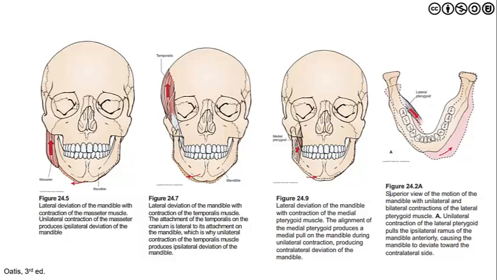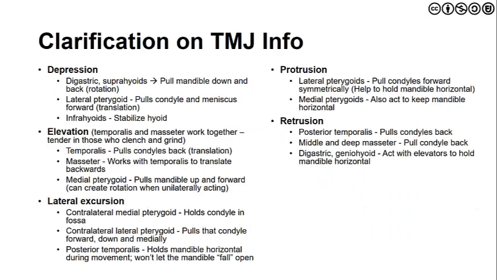Okay, so to kind of bring all this together, to clarify, if you will, depression, when we open our mandible, this is the digastric and the suprahyoids specifically. Elevation, meaning bringing the jaw back up, this is going to be temporalis and masseter, as well as the medial pterygoid, really acting bilaterally.